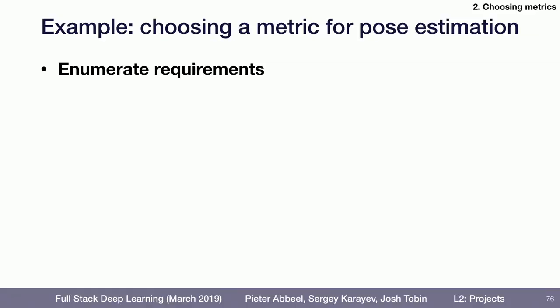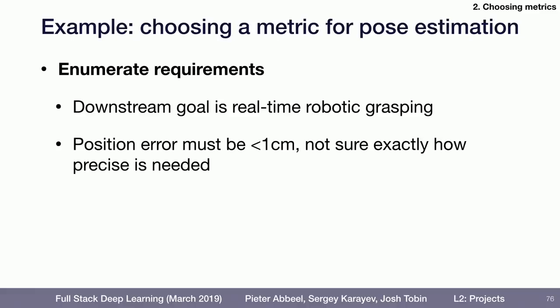So the way that we might go about this for our hypothetical company is we might start by enumerating what the requirements are for this system. Our downstream goal was real-time robotic grasping. To do that, we really need position error less than 1 centimeter. We're not sure how much less, but we're pretty confident that's less.